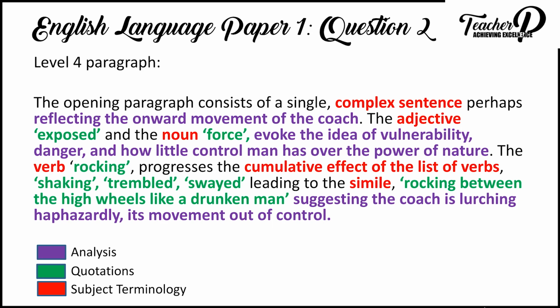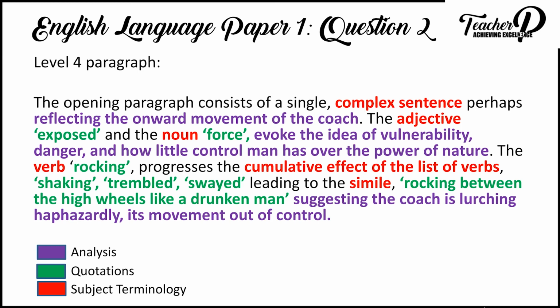You can also see here that they are quoting just words, so make sure you quote words as well as phrases. And they've also included an analysis, so the part in purple, invoke the idea of vulnerability and danger, and then they've used the word "and", so and how little control man has over power. So they've used different layers of meaning.